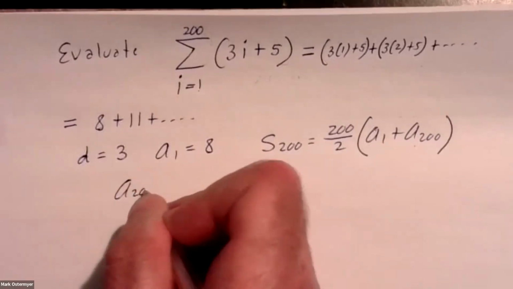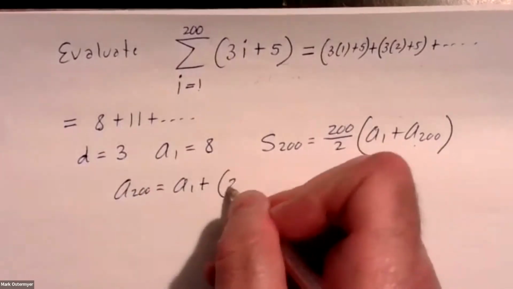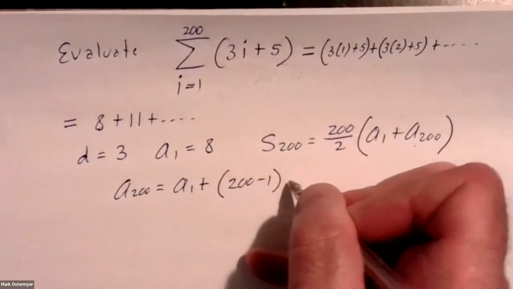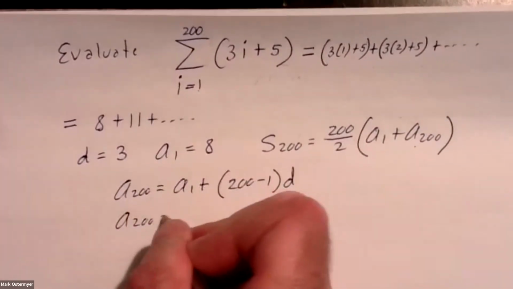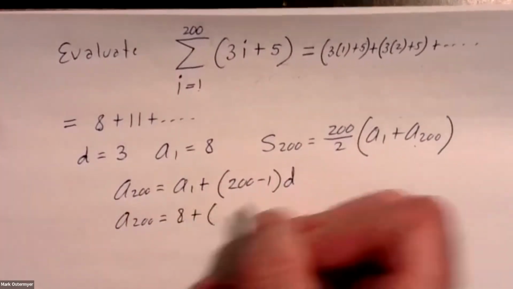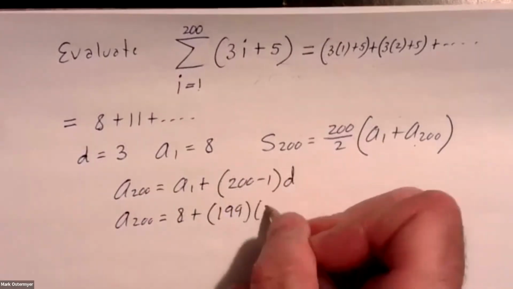So our 200th term is going to be found by taking our first term plus n, which is 200, minus 1 times our common difference. So our 200th term is our first term, which is 8, plus 200 minus 1, which is 199, times our common difference of 3.